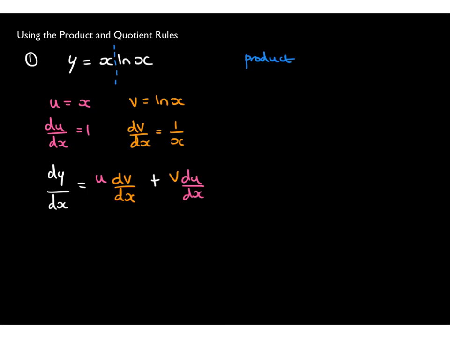So what do we know? We have x multiplied by 1 over x, plus ln of x, and I'm going to put that in brackets for clarity, which we're multiplying by du by dx, which is just 1. So this then finishes the question for me, 1 plus ln of x, using the product rule.